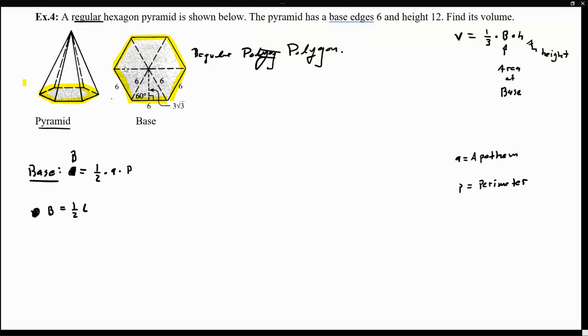If we take a look at one of the triangles in this regular polygon, the apothem is the height from the midpoint of one of the sides all the way to the center of the regular polygon, which in this case happens to be 3 square roots of 3. So the apothem is just this vertical distance.